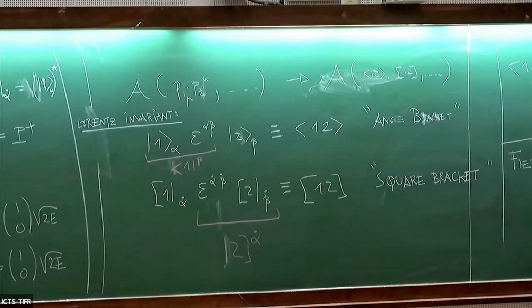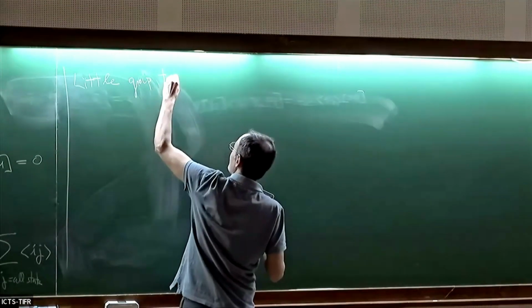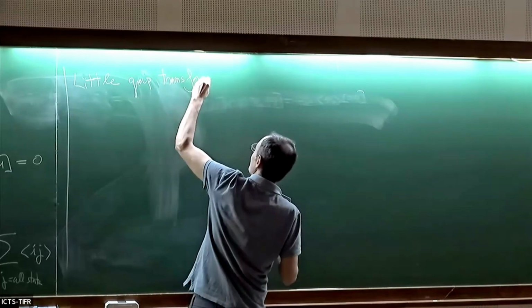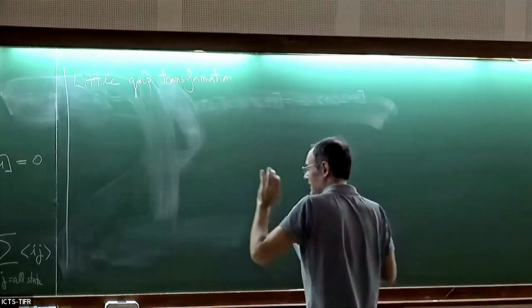Before that, we still need two important properties: dimensional analysis and the little group transformation, because it tells you how these spinors must appear. I don't know how familiar you are with the little group.